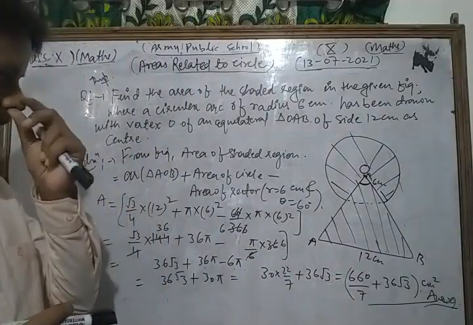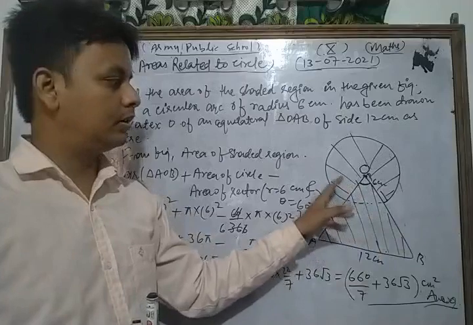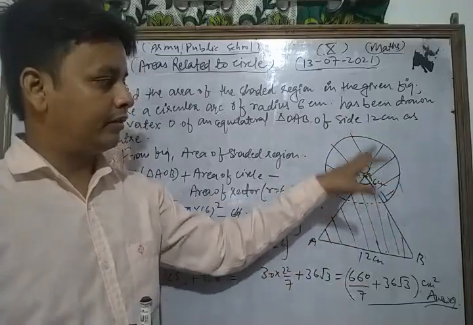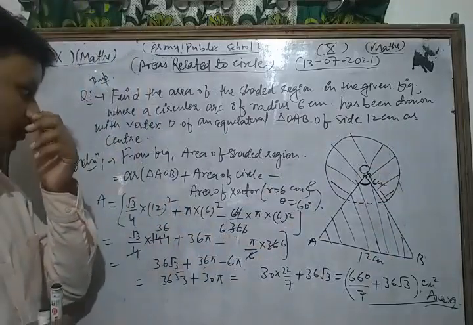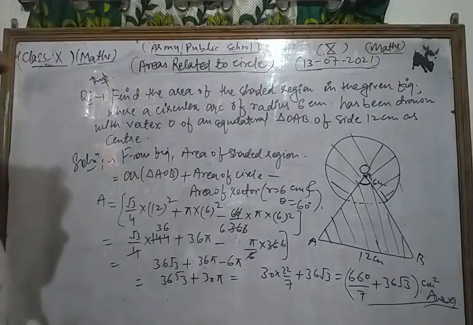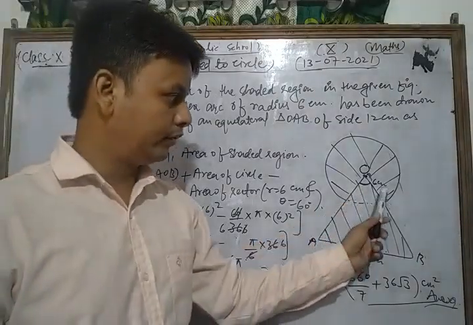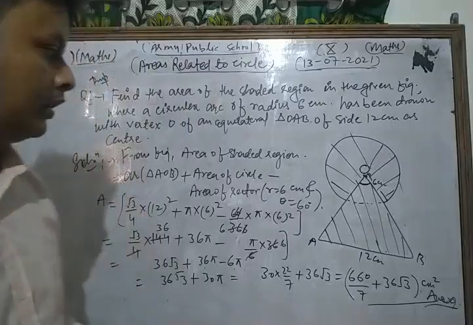So let's see once more. Here this is the figure, an equilateral triangle and a circle formed at a vertex, and we find the area of the shaded region. We find it using the formula area of triangle AOB plus area of circle minus area of that sector of radius 6 and central angle 60 degrees.